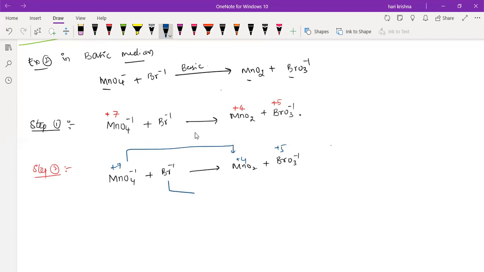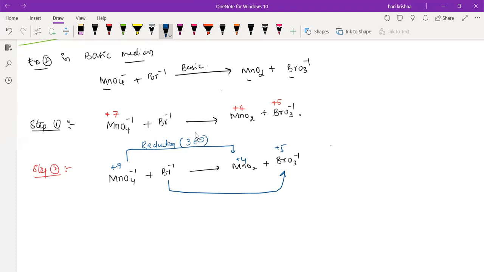What about the bromine? Oxidation. Good. Then how many electrons is it losing? MnO4 minus 1, how many electrons is it losing? Sorry, it is gaining. 3 electrons, right? Plus 7 to plus 4. 3 electrons it is gaining.